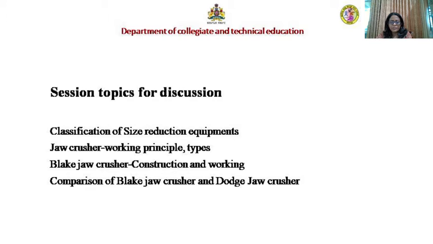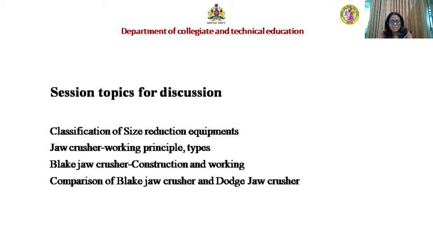So today I have planned for a discussion on classification of size reduction equipments. From there on we will be taking up the different size reduction equipments to see their construction, working and applications.